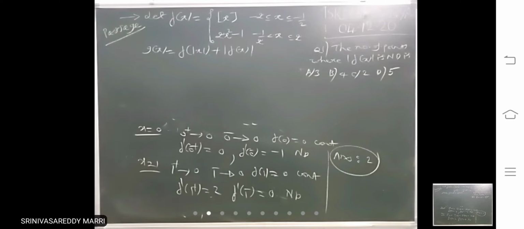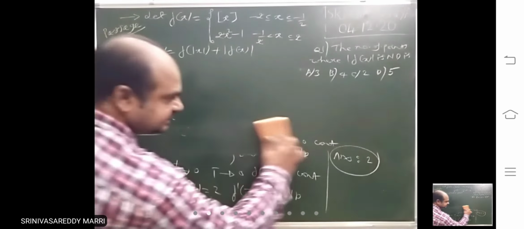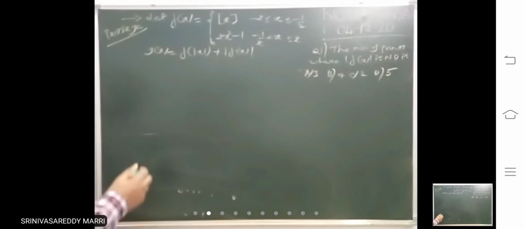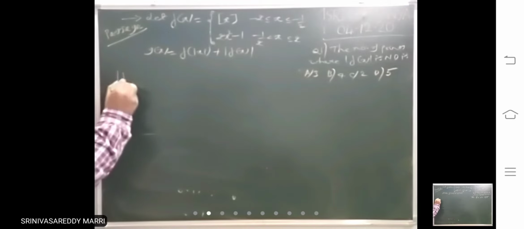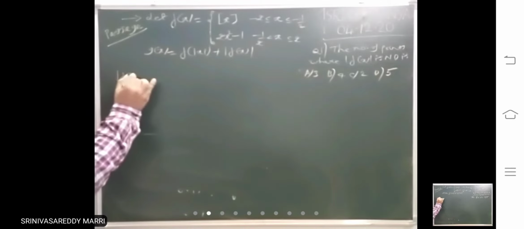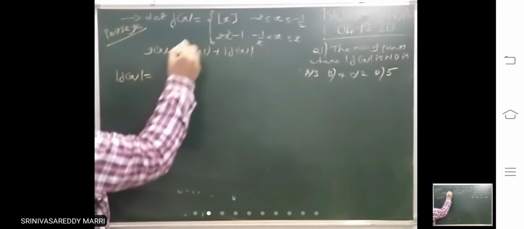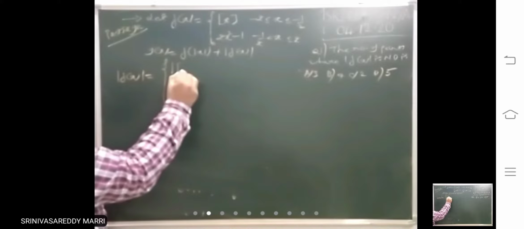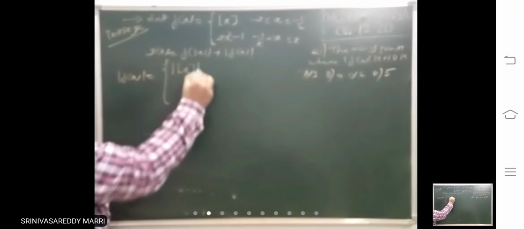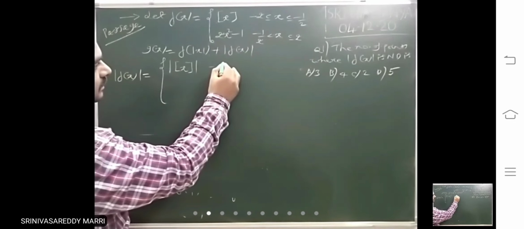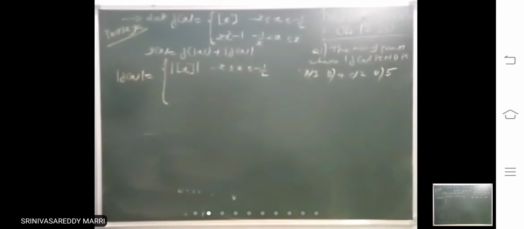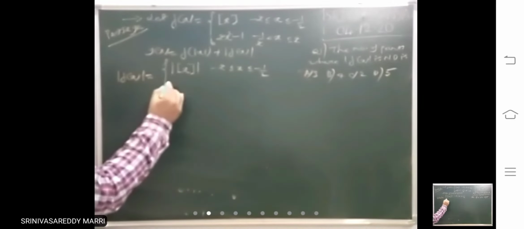So let us find modulus f of x first, because the first question is regarding modulus f of x. Modulus f of x is nothing but the modulus of this, modulus step x, with the same x, just the modulus of this and of this.